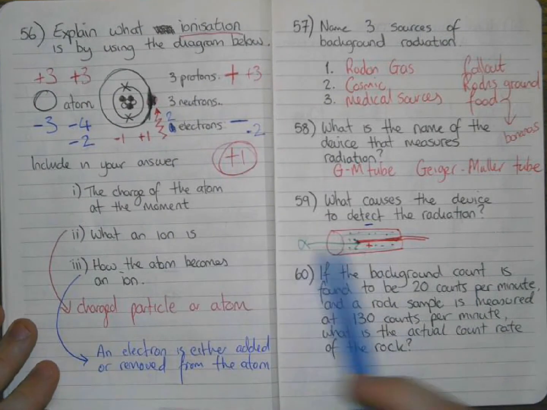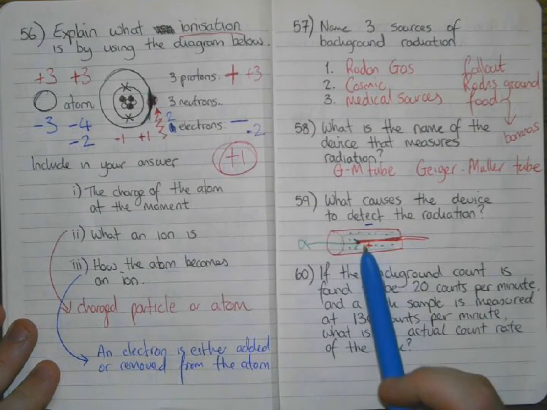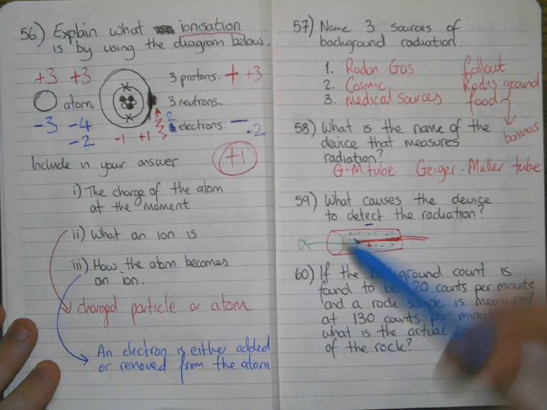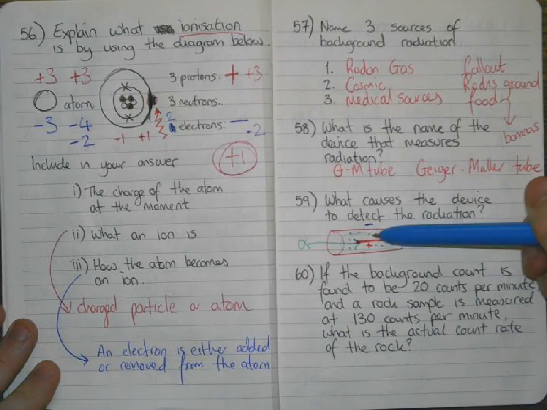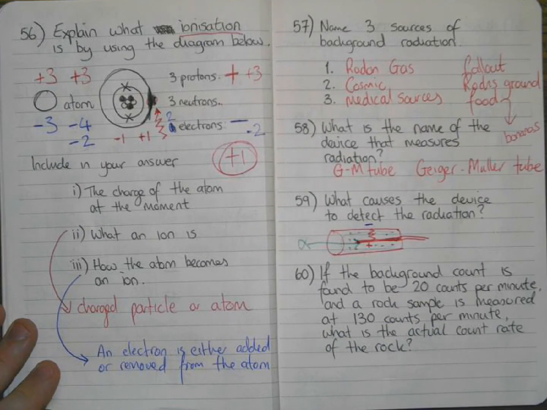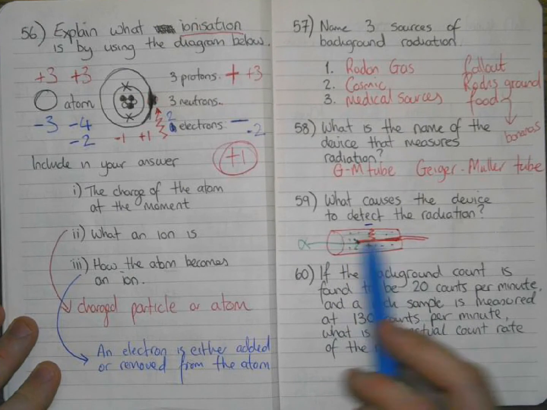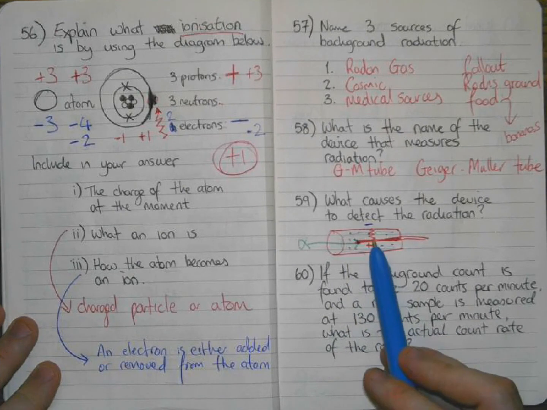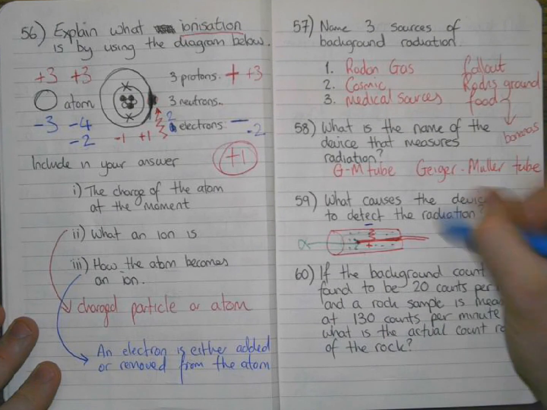The alpha particle comes in and it rips an electron off an atom in the gas, which then makes the gas positive, and then the gas gets repelled from that middle line. It goes towards the negative, and you get a little current, a little spark. And so every time an alpha particle comes in and ionizes the gas, we get a little spark because of the charged gas, and then it counts it on the counter.